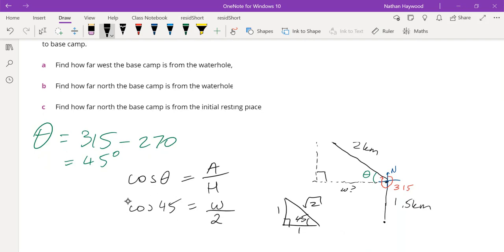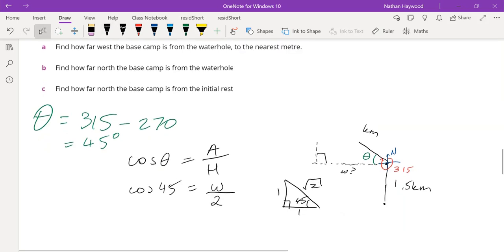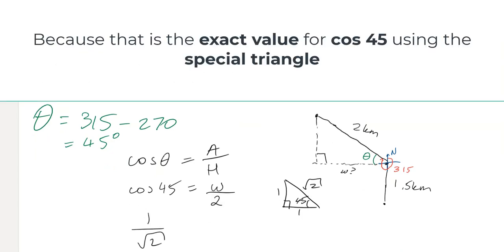So we can substitute in, instead of cos 45, we can write 1 over square root 2. So we know cos 45 is equal to that, and we just wrote above that cos 45 is equal to W over 2.